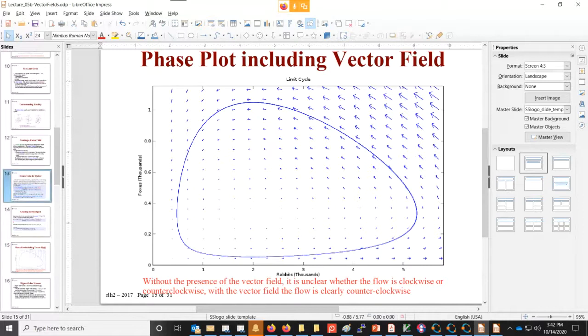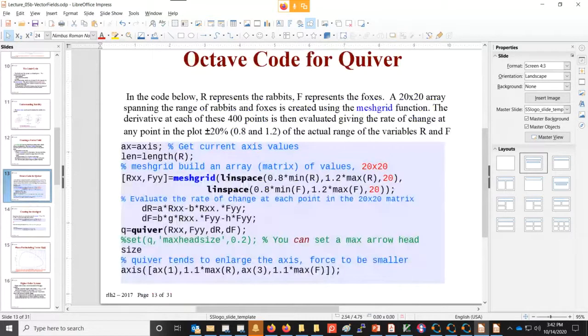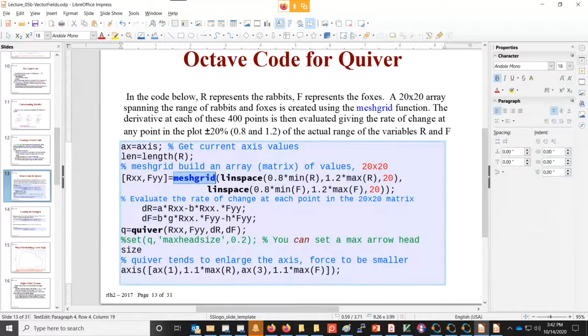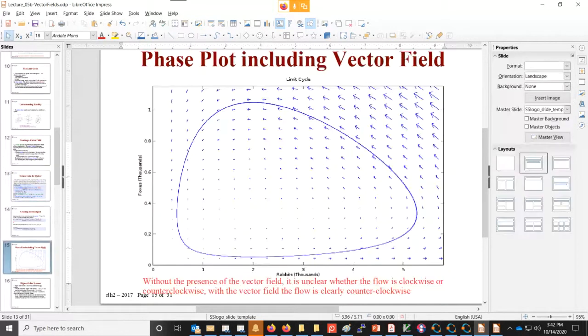All right, so how do we do that? It's actually quite easy. You use this function called a mesh grid. The mesh grid is just going to give you an array of points all along here. So when you look at every one of these arrows, you're looking at the base of the arrow.